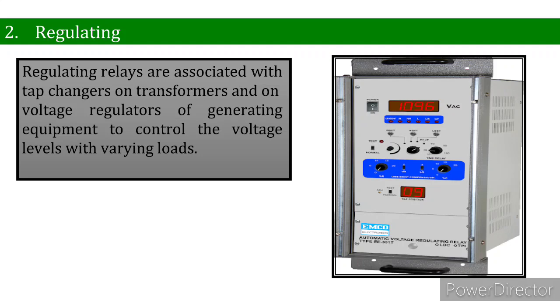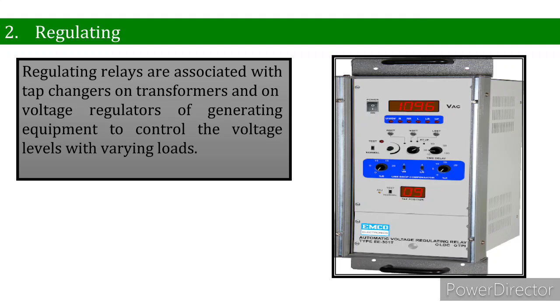As we all know, the voltage can vary in different situations, so we have to regulate it according to our need. Regulating relays are used during normal system operation and do not respond to system faults unless the faults are left on the system far too long. Well, this is not normal.